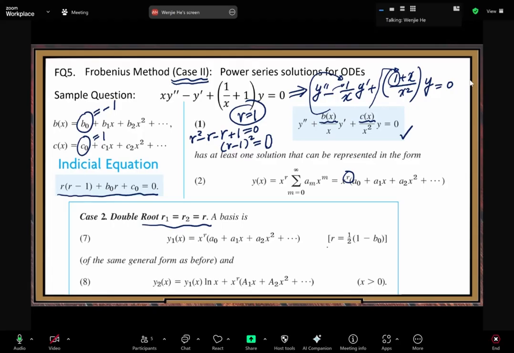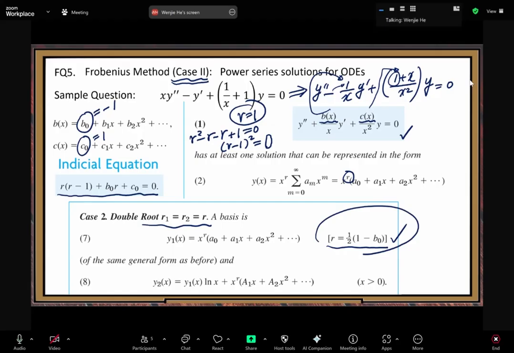Here R has this form. Because we need to see that it has a double root, then we can use this formula. Before you look at the quadratic equation, you do not know it has a double root. If you do not know it has a double root, how can you use this formula?